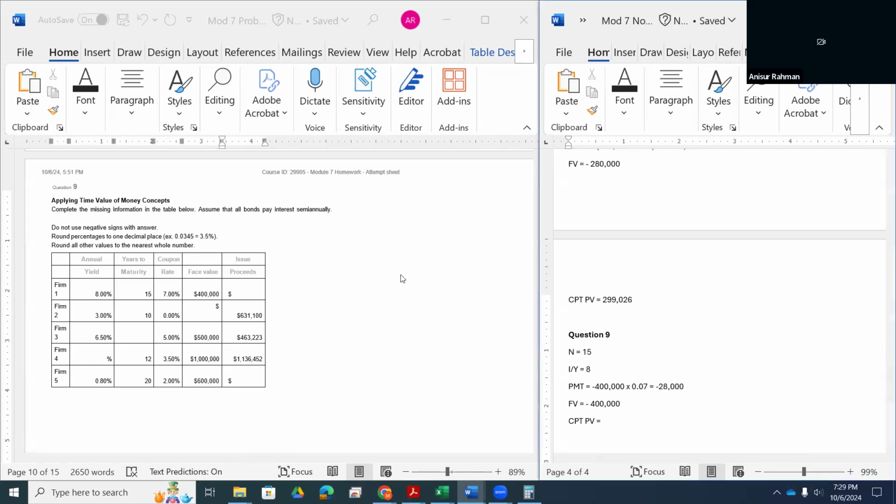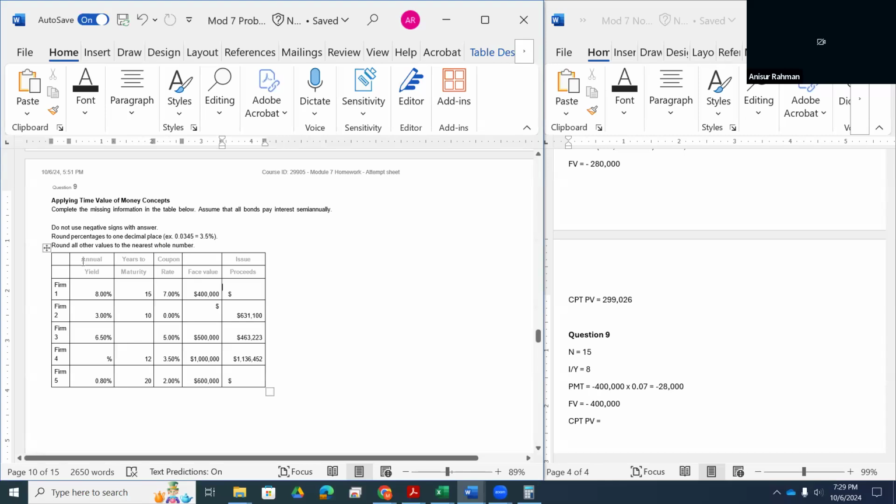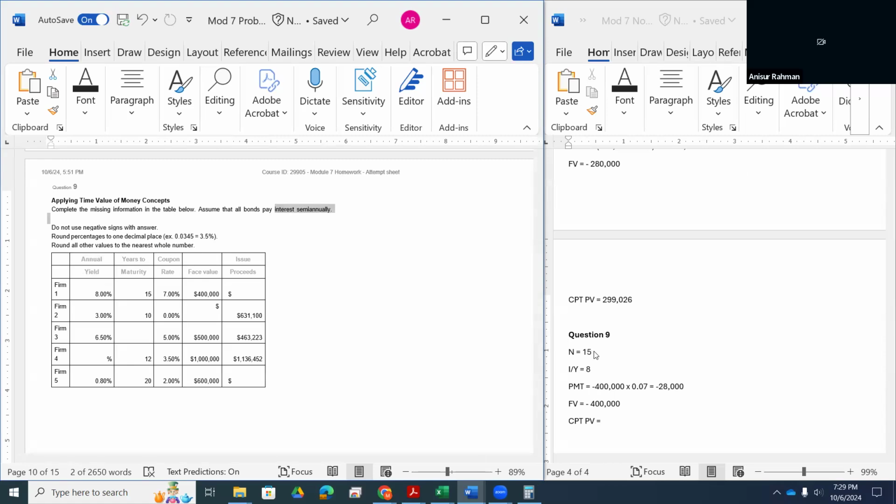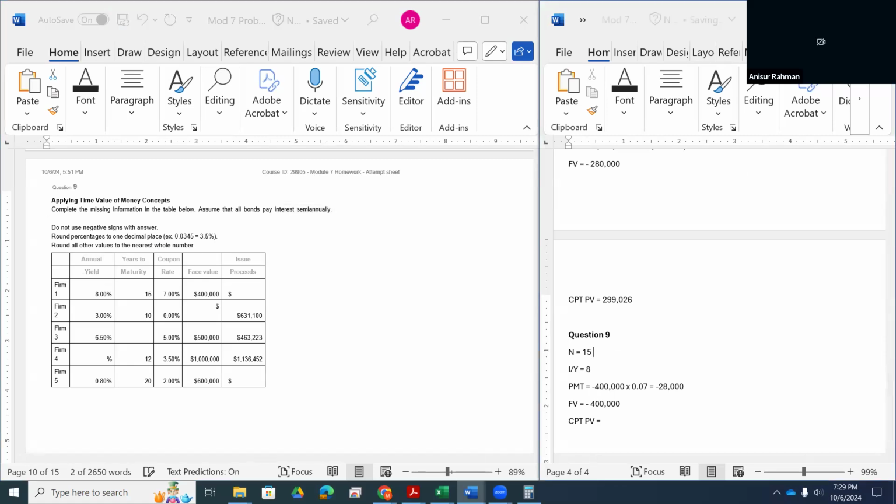So I made a mistake here because although it says annual yield, here it is saying interest is semi-annual. So you have to adjust these numbers for semi-annual. So N is equal to 15 times 2, which will be 30. And then I over Y is equal to 8 by 2, which will be 4. PMT is negative 14,000.